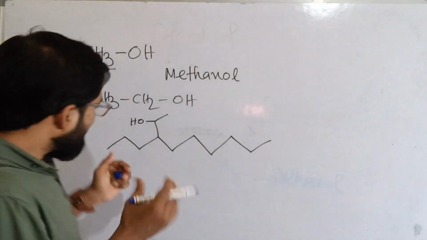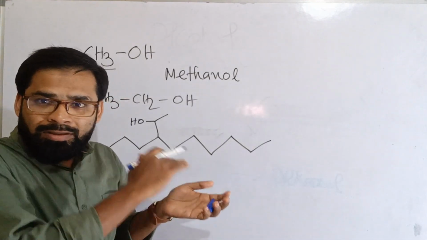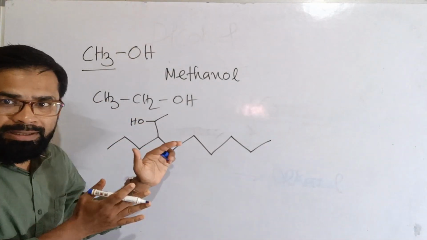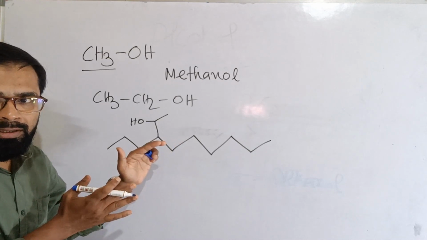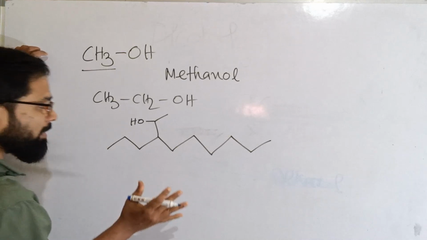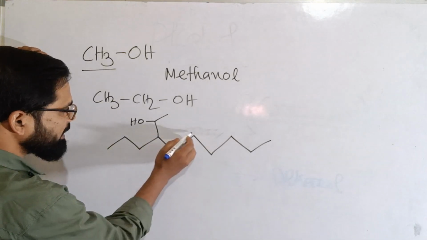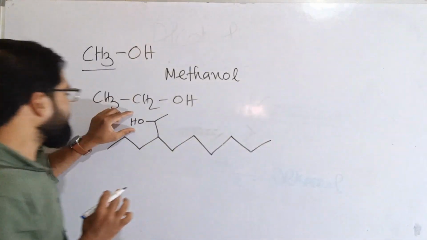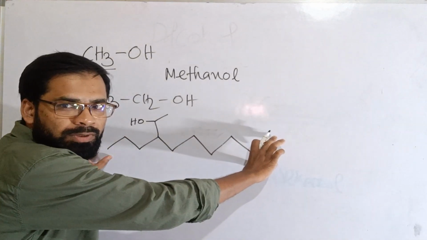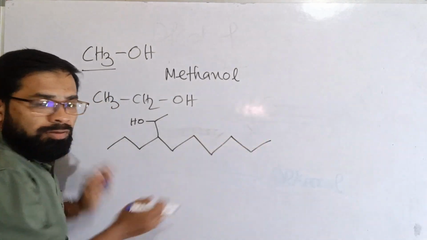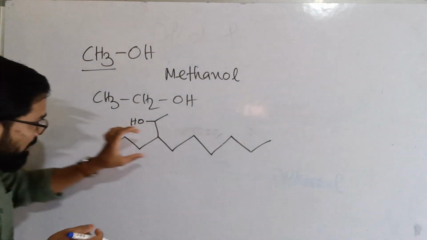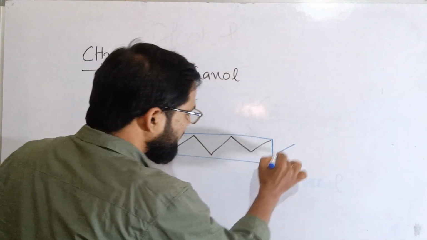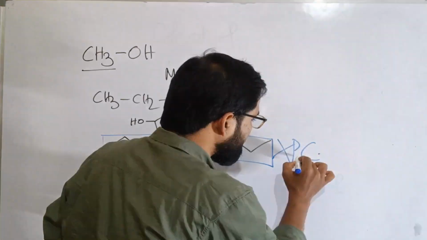When we name the functional group, that functional group should be in the parent chain. If you count the number of carbons 1, 2, 3, 4, 5, 6, 7, 8, 9, 10, but there is no functional group in this chain. Clear? So that's why this chain will not be considered as the parent chain.